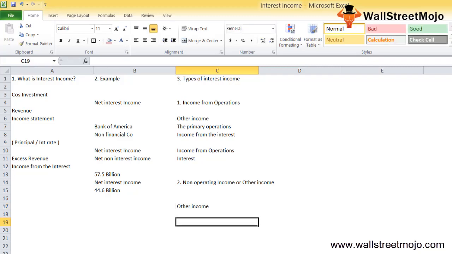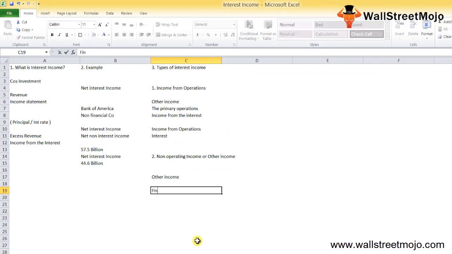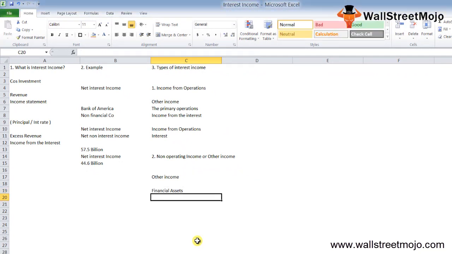Now, all individuals as well as organizations have financial assets from which they earn a variety of interest. The interest which is earned on these investments over a period of time is taken as income for the organization.